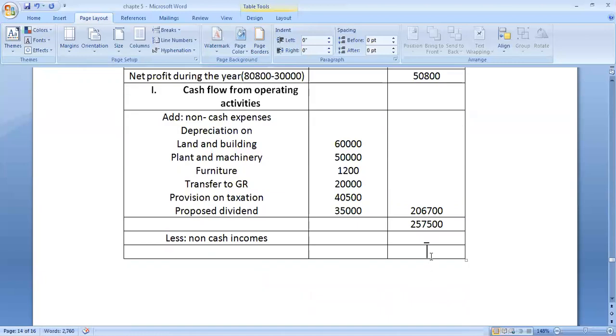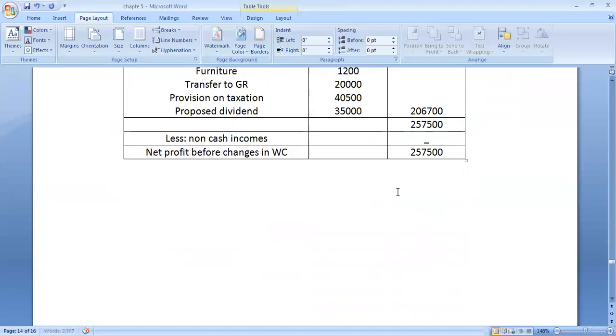So this becomes just 2,57,500. So what is this called? This is the net profit before changes in working capital. So we have not yet adjusted the working capital changes.